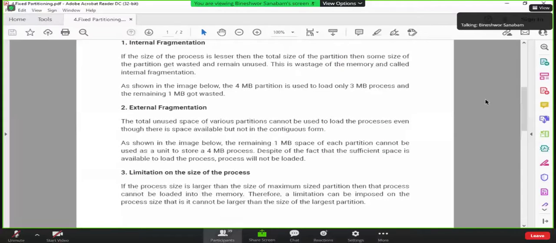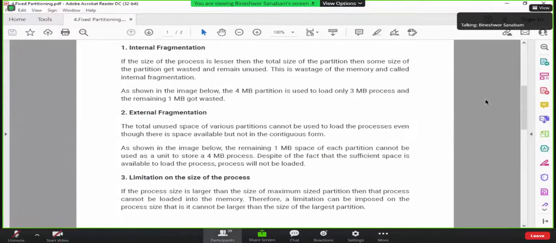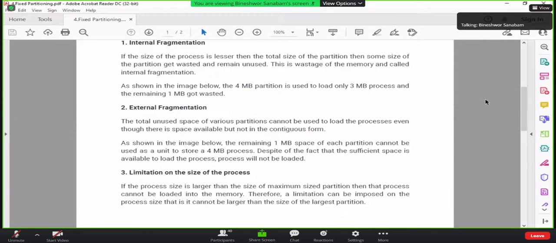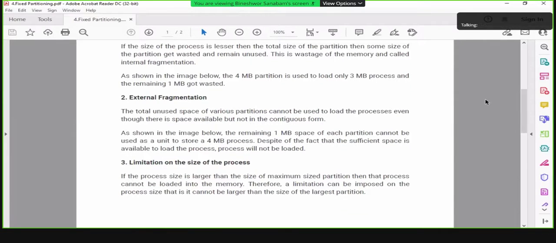So the problems that may be associated with fixed partitioning are internal fragmentation as well as external fragmentation. Then the next problem is the limitation on the size of the process. If the process size is larger than the maximum size partition, then the process cannot be loaded into the memory.